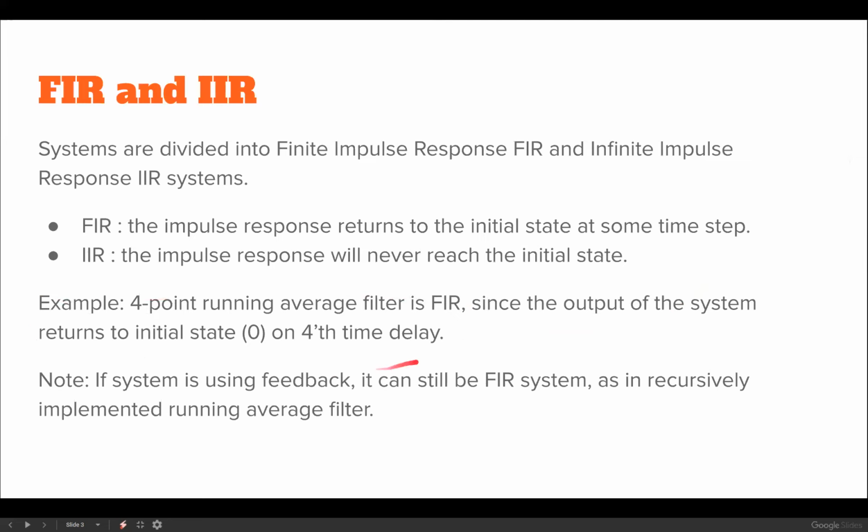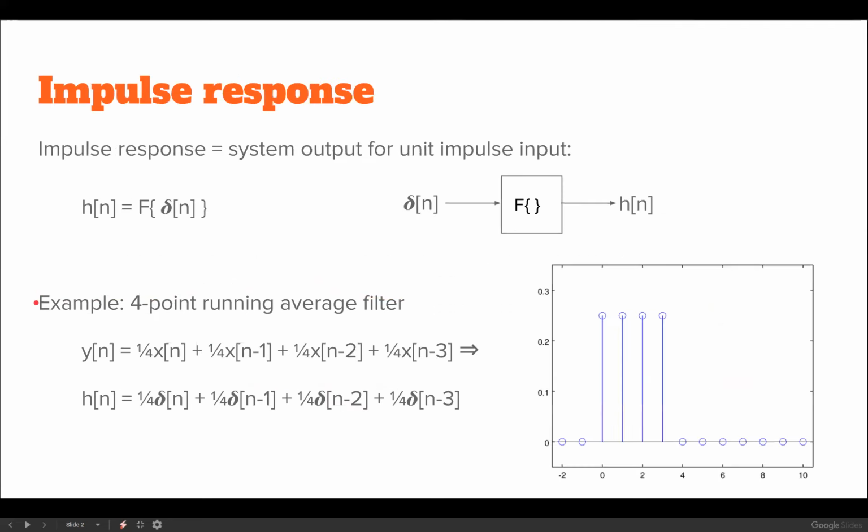If it's a FIR system, then you can calculate it directly from the impulse response. So the same way as the 4-point running average filter. This is a finite impulse response system, and this h of n is simply looking like this.